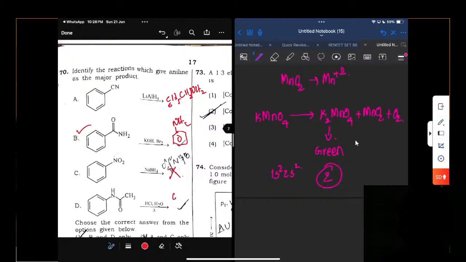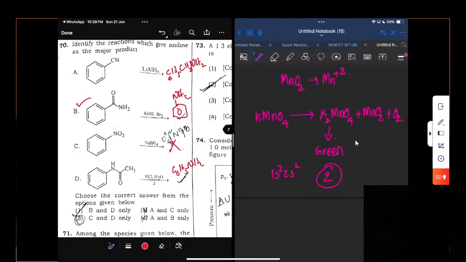Here also C6H5NH2 formation takes place. So which are the correct options? Option 1, B and D only. Only B and D give aniline. The other two will not. At A we are getting C6H5CH2NH2, not aniline; alkyl amine formation is taking place there. And in C, there is no product formation because NaBH4 will not reduce NO2 containing compounds.